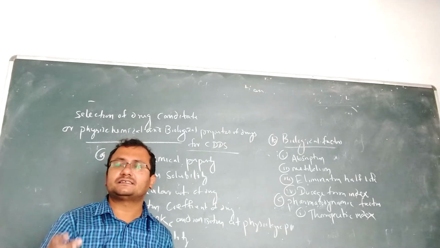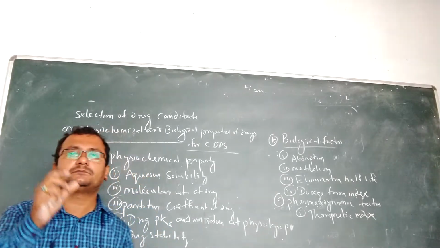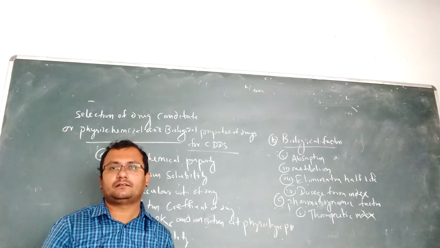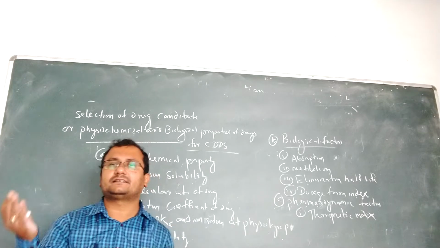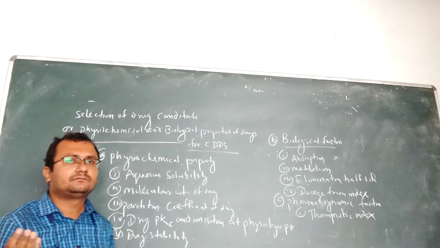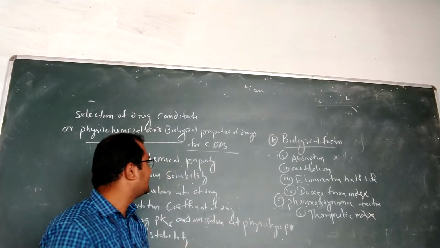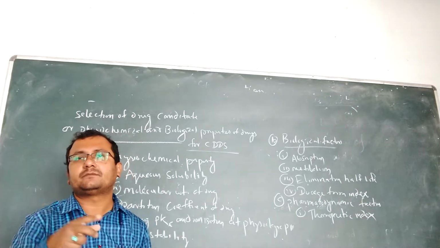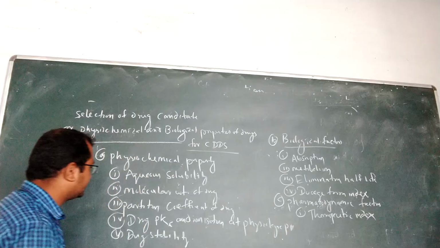But in all cases, if molecular size is below 600 daltons, then it can absorb well through passive diffusion. If it is more than 600 daltons, then it's very difficult to absorb. So that's why if molecular weight is low, then it is suitable for design of controlled drug delivery systems.